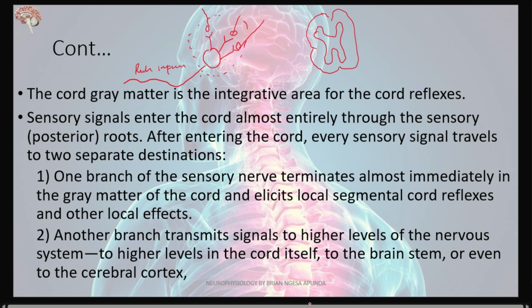So what you need to remember, the sensory is normally on the posterior, and before they get into the spinal cord, they are likely to have a point of synapse. So this is what we are referring to as some form of ganglion. So it's normally there on the sensory part, while this represents the motor. So for convenience, we can represent this with the arrows representing the flow of information.